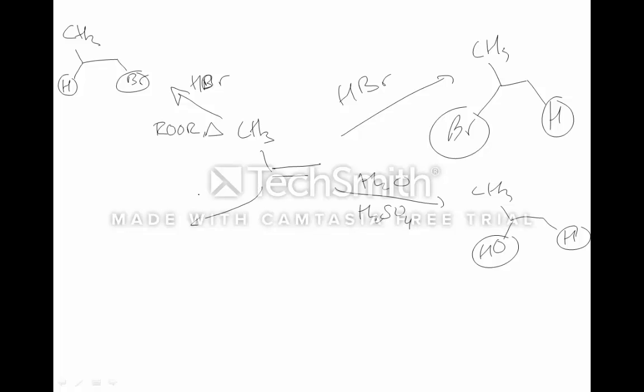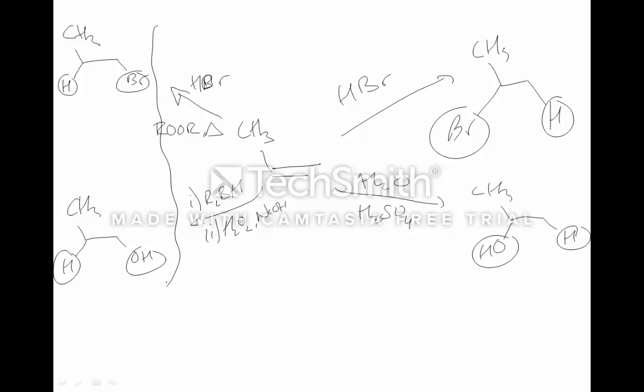But then hydroboration, the two-step process, R2BH, H2O2, NaOH, hydroboration oxidation, that adds the oxygen at the less substituted carbon. Okay, so if you're kind of tracking, you can see that these two are the opposite regioselectivity of these two over here. Okay, so mechanism is absolutely crucial.